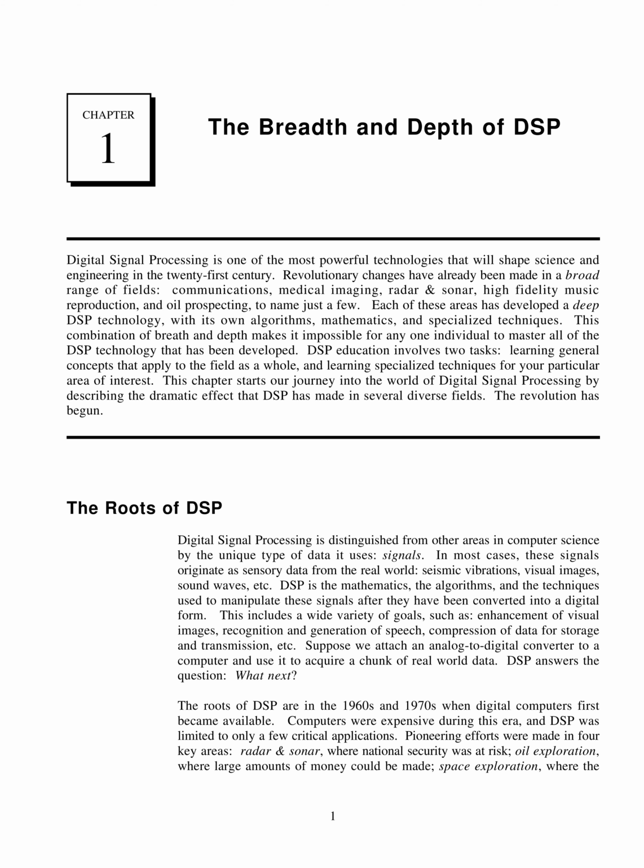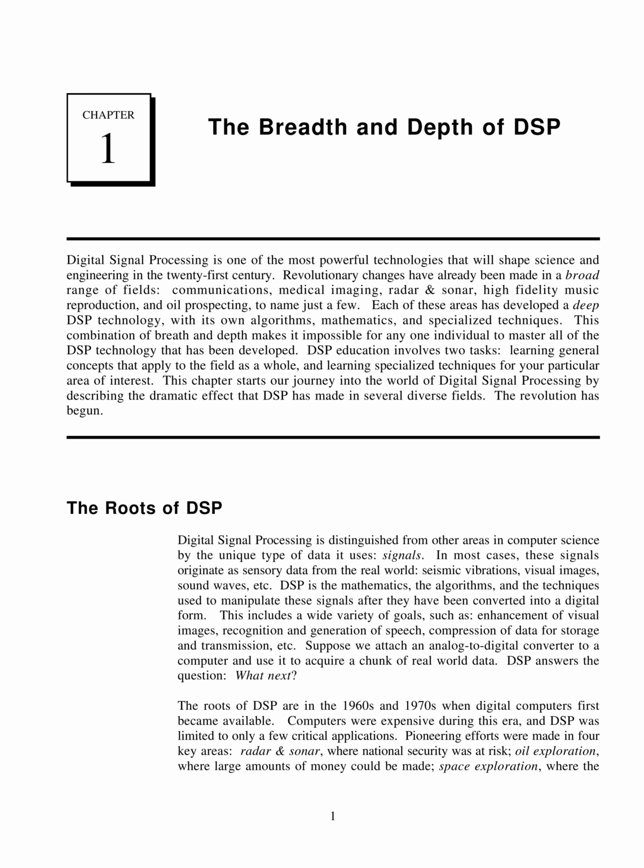The revolution has begun. The roots of DSP: digital signal processing is distinguished from other areas in computer science by the unique type of data it uses: signals. In most cases, these signals originate as sensory data from the real world: seismic vibrations, visual images, sound waves, etc. DSP is the mathematics, the algorithms, and the techniques used to manipulate these signals after they have been converted into a digital form.